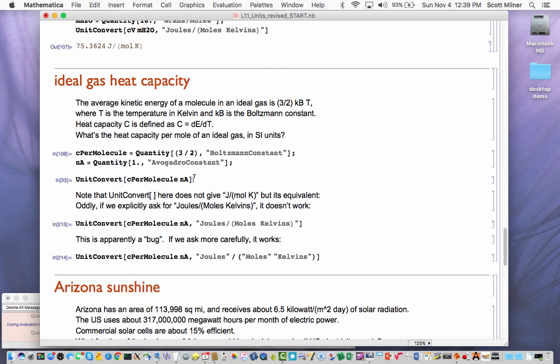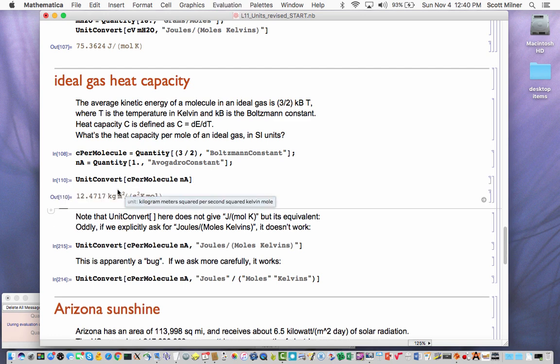And so the quantity I want is C per molecule times how many molecules there are per mole, that's Na, and I get 12.4 something. This is joules, kilogram meter squared per second squared per mole Kelvin. So note that unit convert doesn't give what you might like just for neatness, joule per mole Kelvin, but it's equivalent.